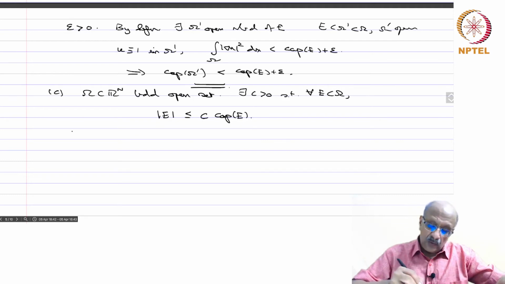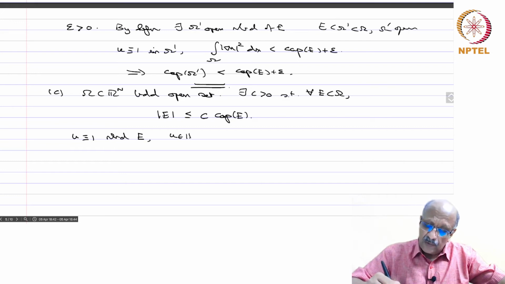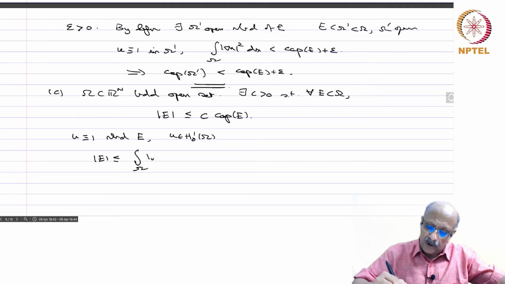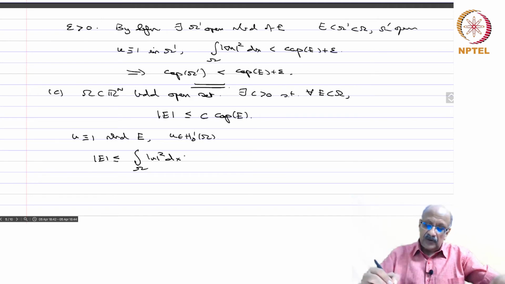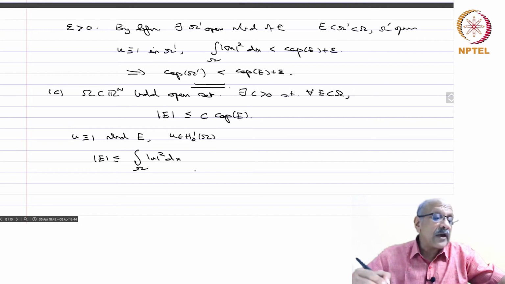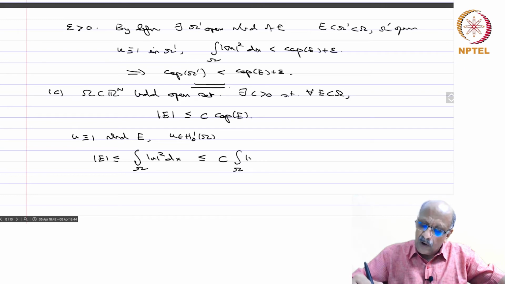Okay, so we have u identically 1 in a neighborhood of E, u in H1 0 of omega. Let us take any such function. Then you have mod E is less than or equal to the integral on omega of mod u square dx, because mod u square over omega is greater than or equal to mod u square over E, and then it is identically 1 in a neighborhood, so that is equal to mod E. Okay, so this is trivial, and now by the Poincare inequality, this is less than or equal to C times the integral of mod grad u square dx, and this is nothing but Poincare's inequality.